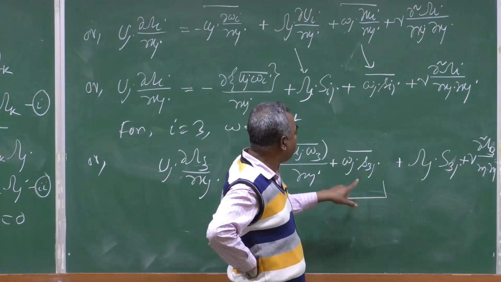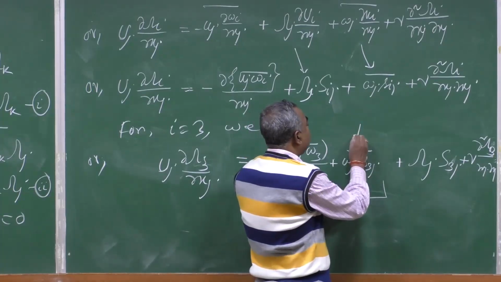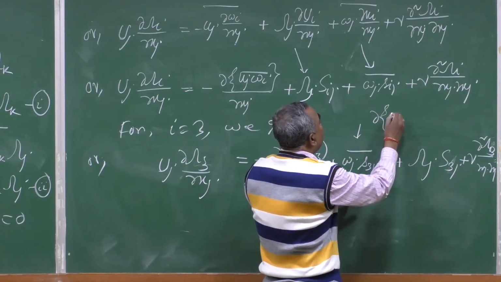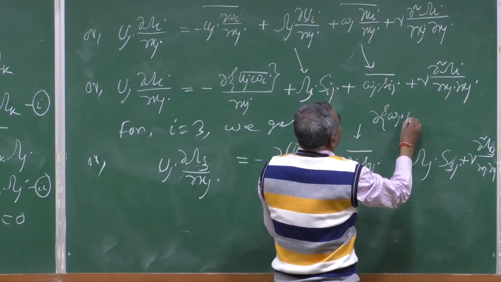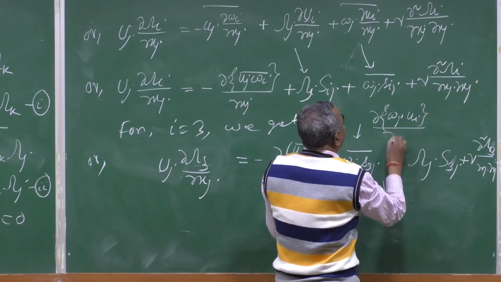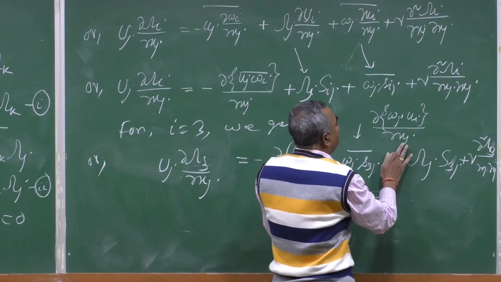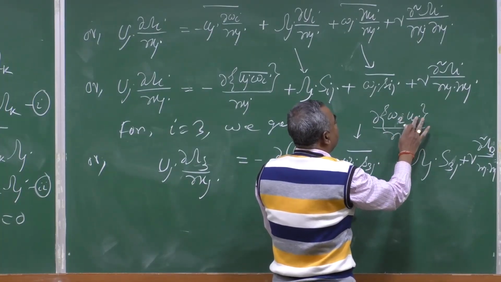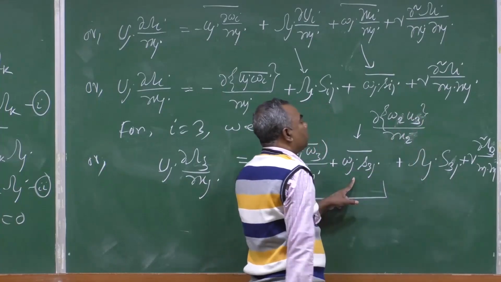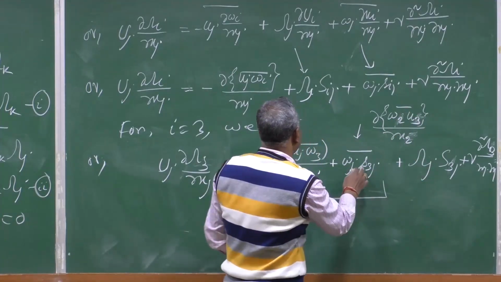Then this particular term can be written as omega j u i considering continuity, okay, and the main gradient with respect to x 2, and this is going to be 3. So, this is the term which is going to survive.